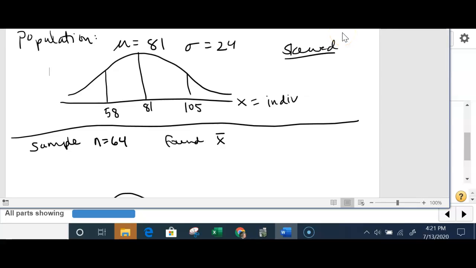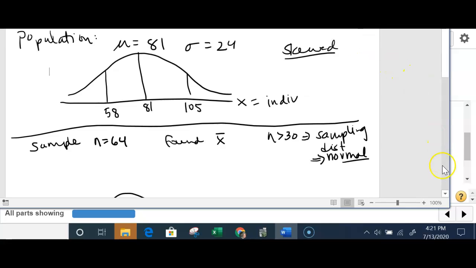But it's skewed, but because my n is greater than 30, the sampling distribution is going to be normal. Since my population distribution was not normal, I had to have greater than 30 in my sample for that to be more normal. Okay?